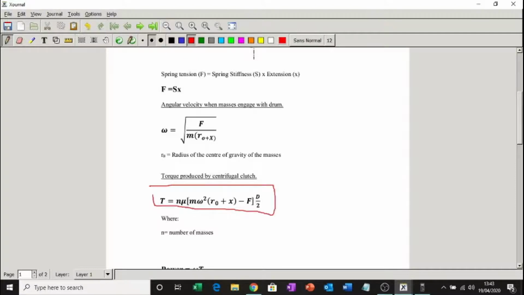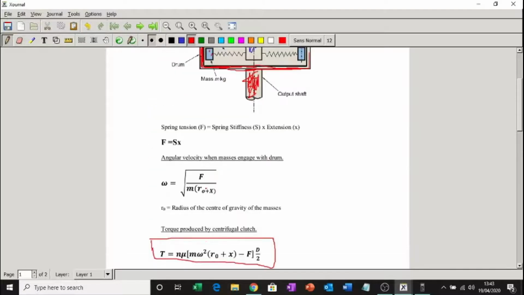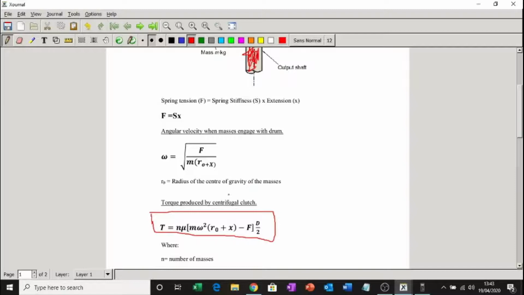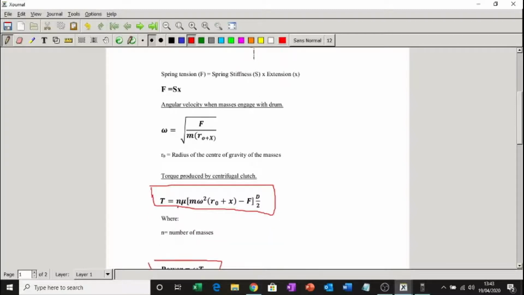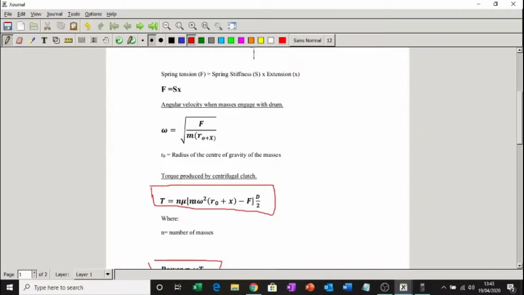Don't worry about that formula. We can break that down, and we can also work out the power transmitted. With this formula here, N is the number of masses, mu is the friction, because you've got friction between that mass and this drum. M is a mass.